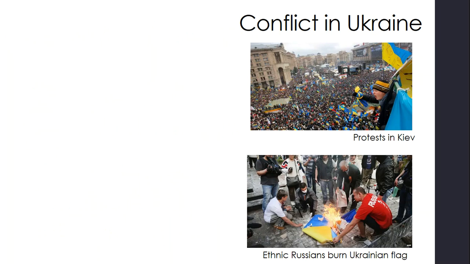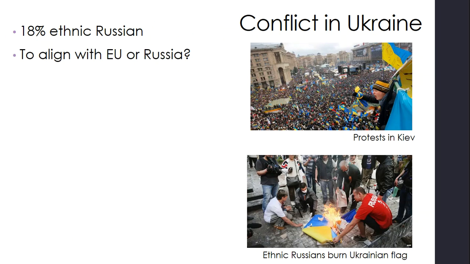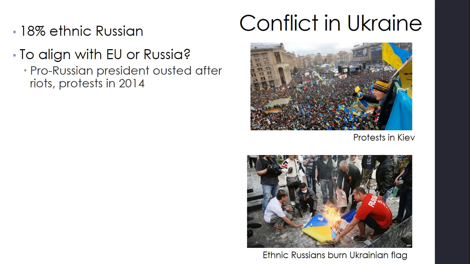And so again, the conflict in Ukraine, just to give a good example of that: the Ukraine is 18% ethnic Russian. And so there's this question, is the country aligning with the EU, the European Union, or more with Russia economically? And so a pro-Russian president was ousted after riots and protests in 2014.